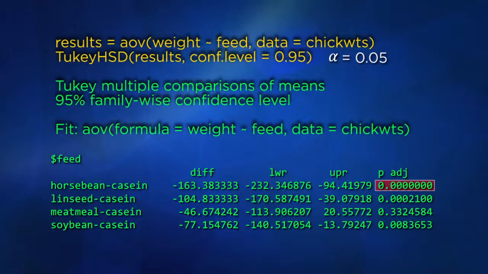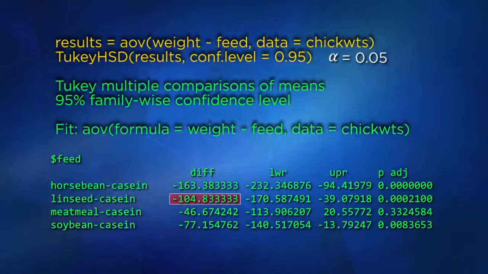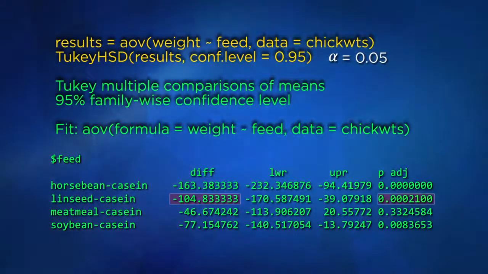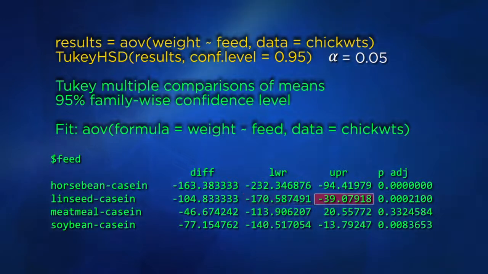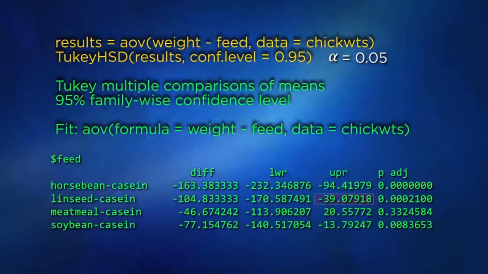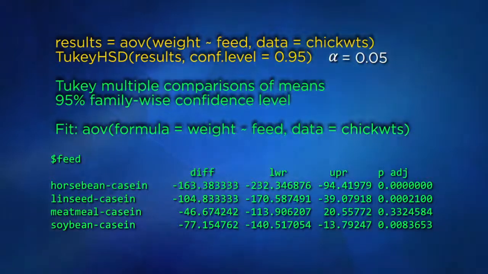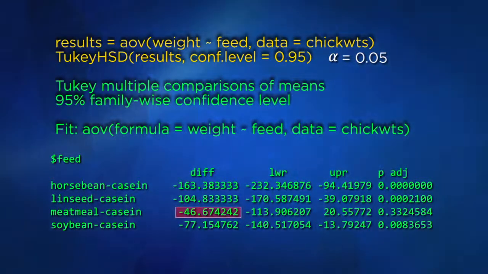Likewise, the second element in that result compares linseed to casein with a difference of minus 104.83 and also a statistically significant confidence interval from minus 170.58 to minus 39.07. Now notice the third one, meat meal with casein, has a difference of negative 46.67.